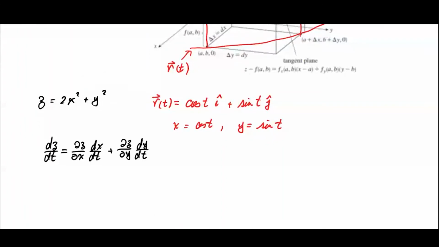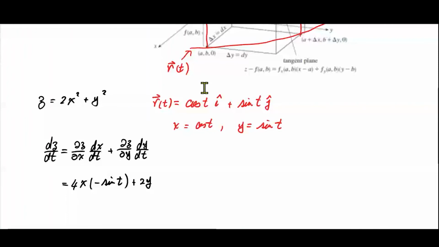Taking the derivative, this looks like 2x, and dx over dt is negative sine t. So far with me? Plus, mechanically it's very easy to do. This is 4x, because there was a 2. And then 2y, and the derivative of this becomes cosine t. So far with me?